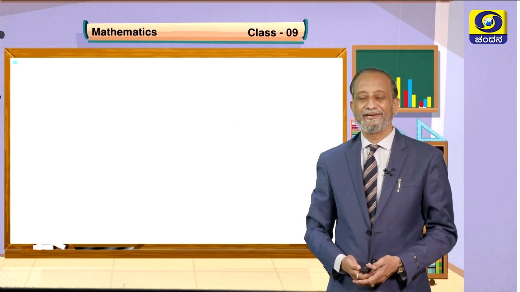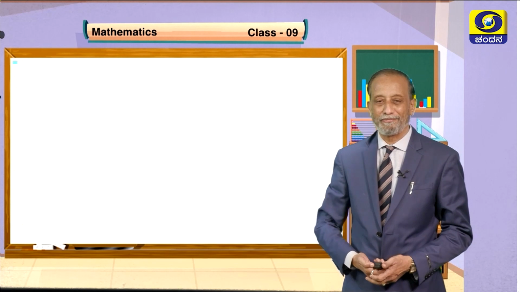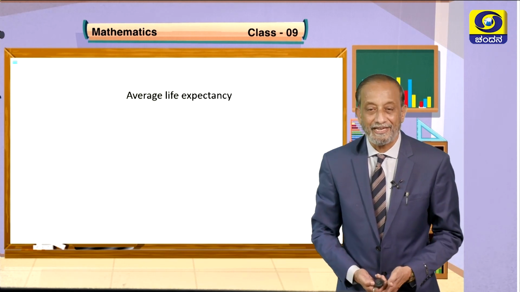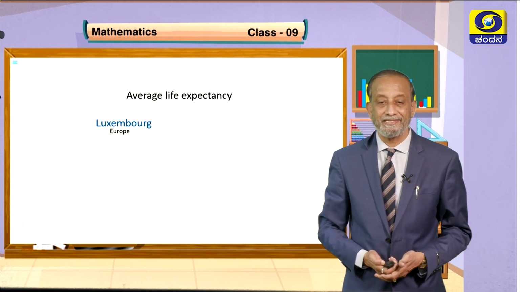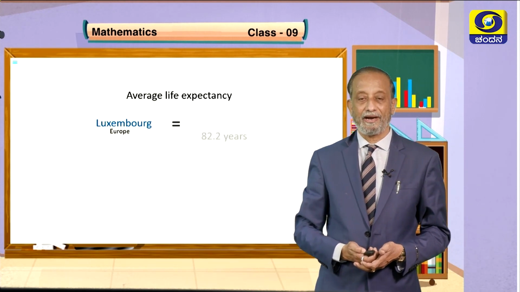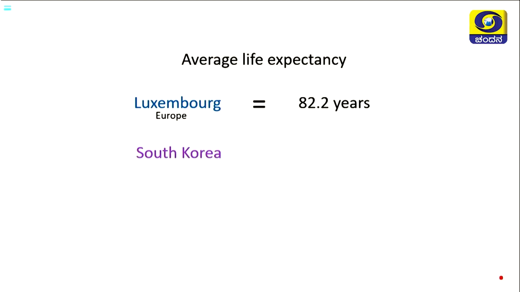Okay, here is one example for axiom number 1. Average life expectancy in Luxembourg, which is in Europe, is around 82.2 years, whereas in South Korea it is around 82.2 years. Therefore, what can you conclude from this?